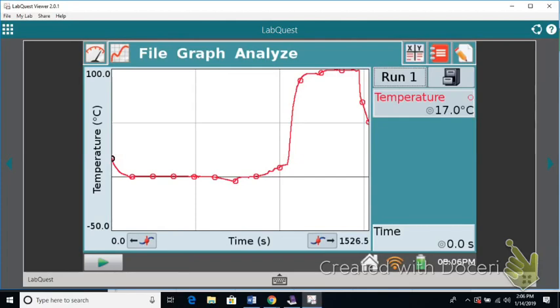D is cooling of a solid. E is warming of a solid. F is the starting of the melting point. G is the end of the melting point. H is a liquid heating up. And I is where it's going from a liquid to a gas. You need to identify that on your graph.